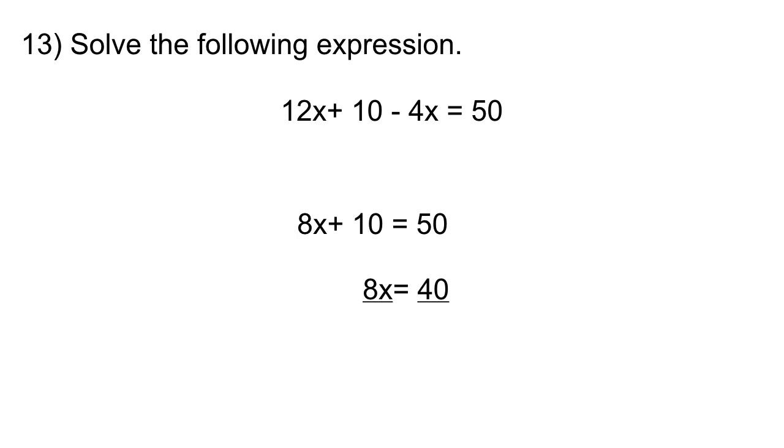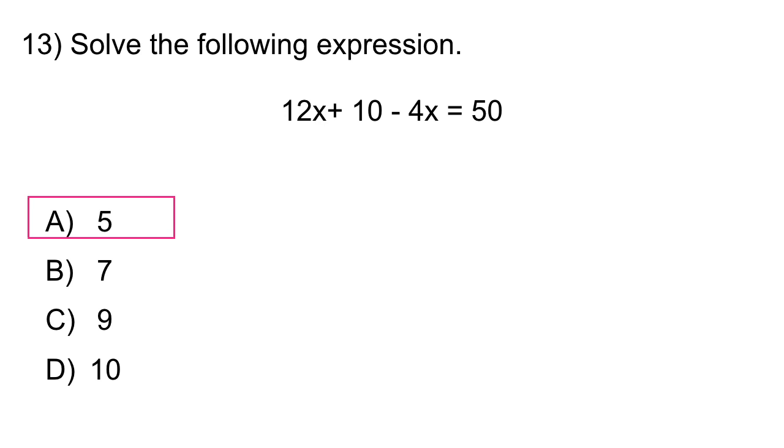Then we want to isolate this 8x, so we would subtract 10 from the left, and we have to do the same thing on the right, and we end up with 8x is equal to 40. And now to solve for that x value, we would divide by 8 on both sides. And that gives you x is equal to 5. Option A.